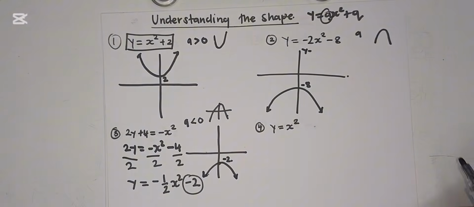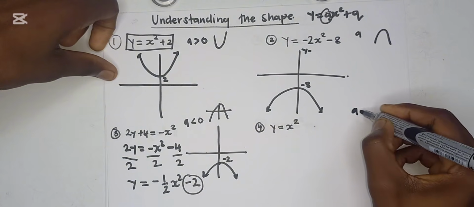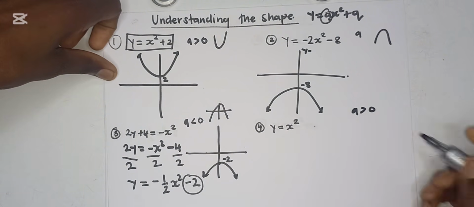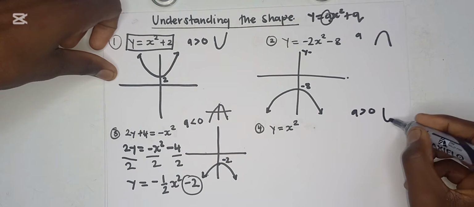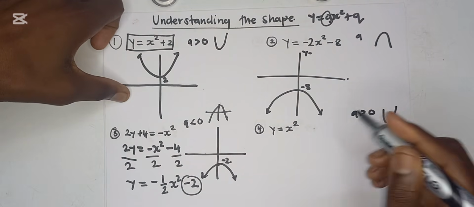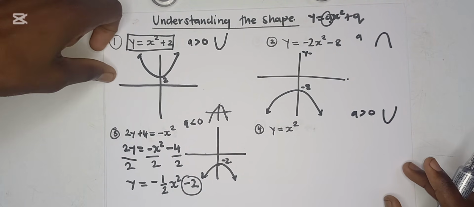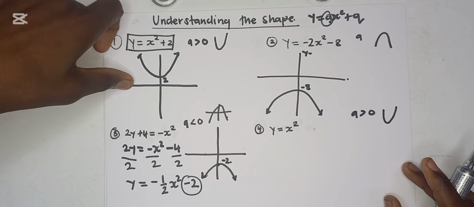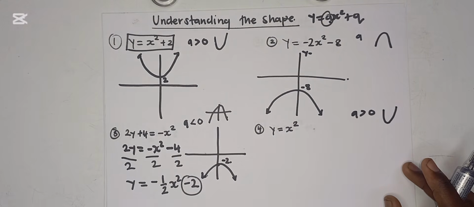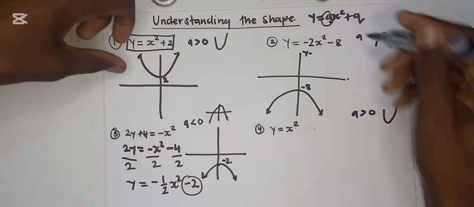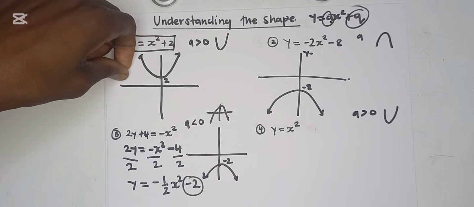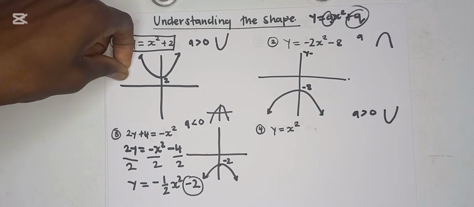Now let's take a look at the last one. This one says y equals x squared. First we identify the value of A. The value of A is positive here, which means it's going to be a smiling graph. Does this one have a vertical shift? No. And yes, it also has the value of Q, or the vertical shift, but here it is 0.